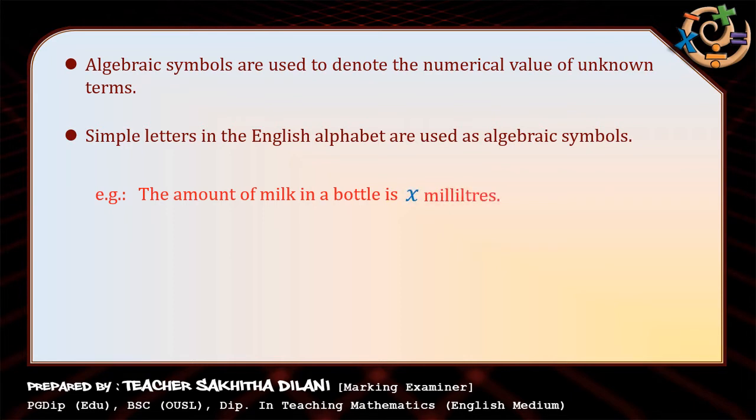Here I have used the simple letter x. You can use any other letter. The amount of money in a till is p rupees. Here I have represented it by the letter p. You can use any other letter.